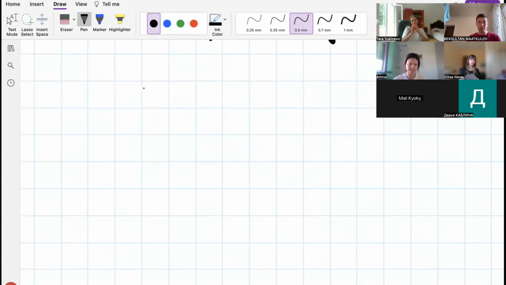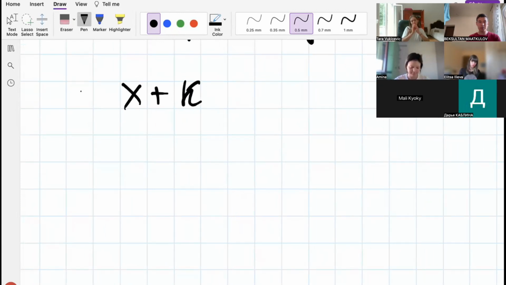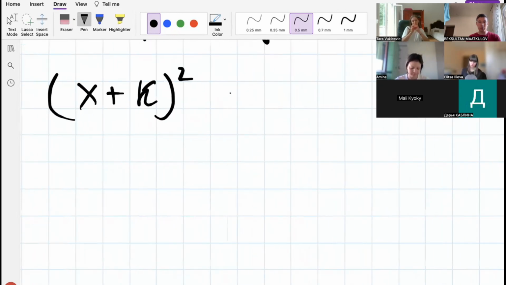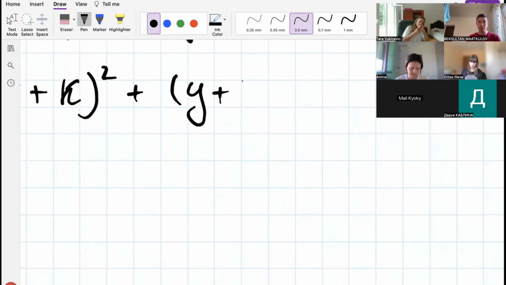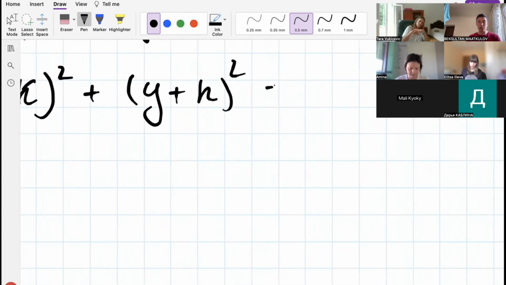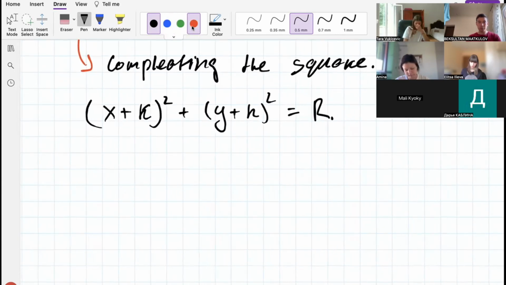For example, let's imagine you have (x plus k) squared plus (y plus h) squared equals R. In this case, x is your variable, y is your variable, k and h are just some numbers.